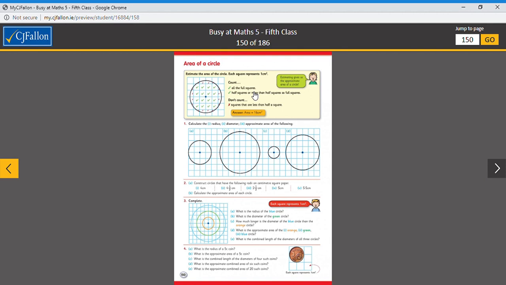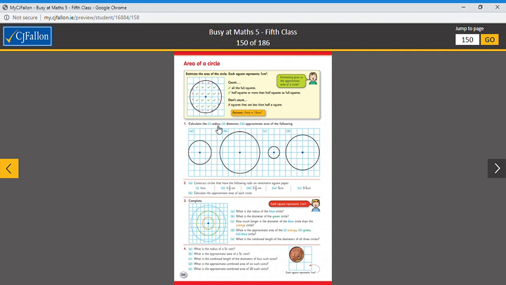Count all the full squares and count all of the half squares that are more than half full. If they're not more than half full, don't count them. So it kind of all works out. Like in this case here, you're counting this as a full square, even though it's not full. But of course, you're ignoring this one. So the two of them kind of balance each other out. And you can get a good estimate.